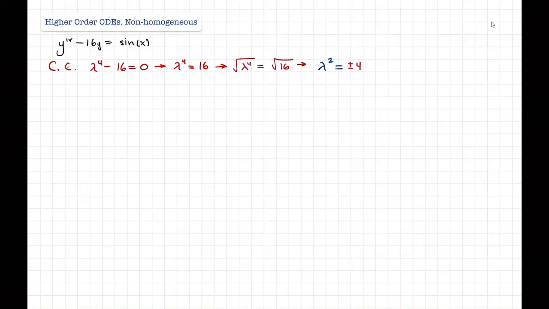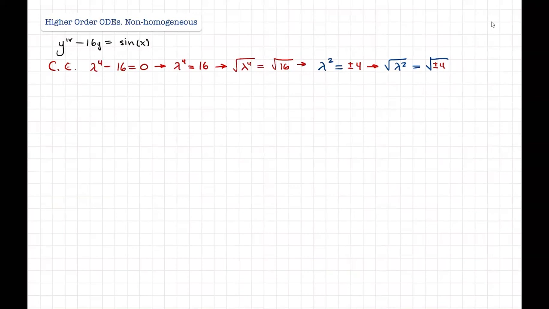Now let's continue taking the square roots. We have 2 roots, but we still need a few more. So when we take the square root again, the square root of lambda squared, we're taking the square root of plus and minus 4. Do not forget everything we're going to get here, so we can split it up into 2.